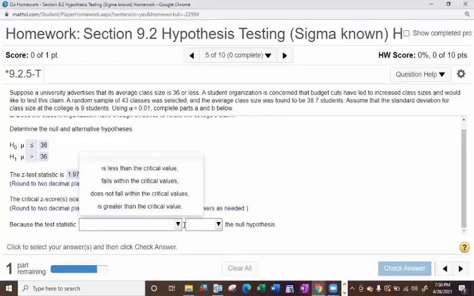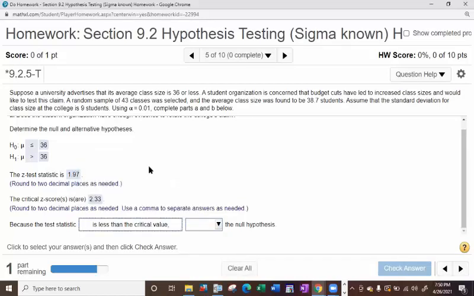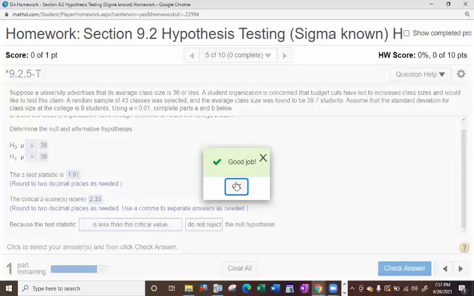In this case, no, actually you've got to get this wording right either way though, less than the critical value. Now you've got to be careful of the wording when it's on the negative side. I'll show you what I mean here in a second. Do not. So that wording does not automatically go together every time. It would for this one.